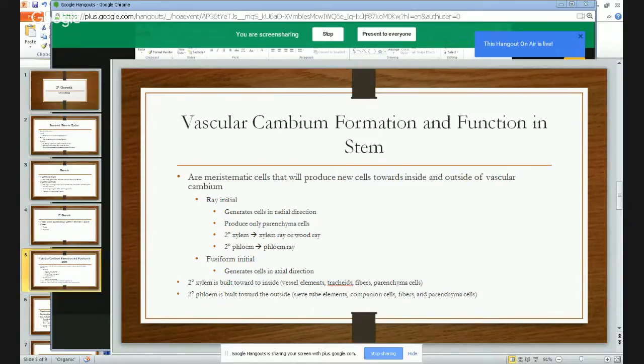Your fusiform initial cells, they are going to make cells in an axial direction. So they're going to be going up and down.